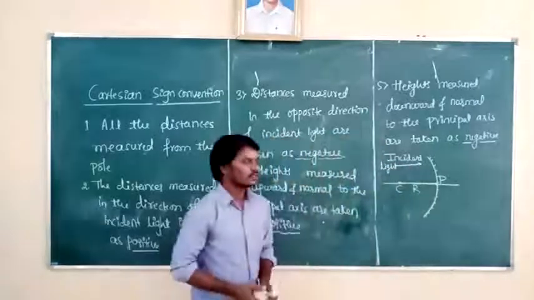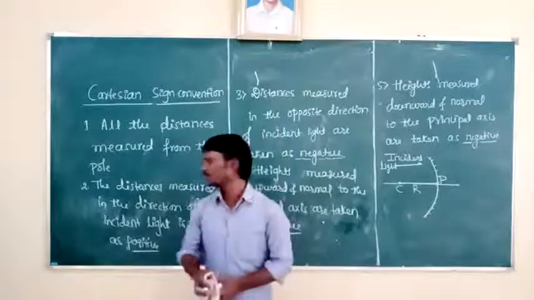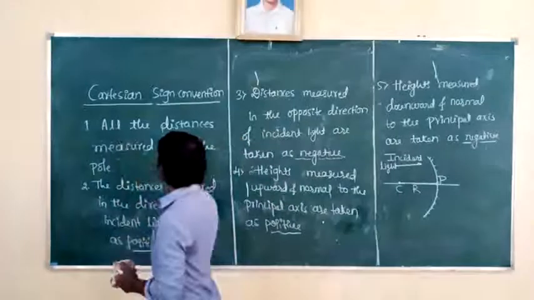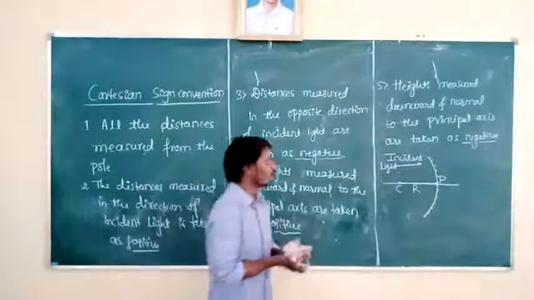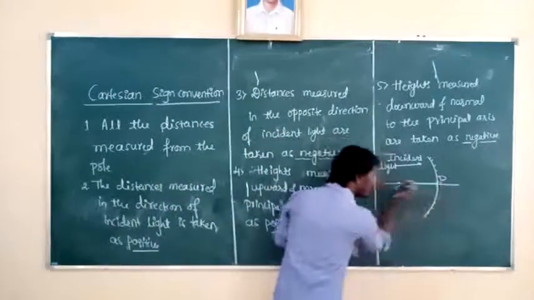Then the distances. What is the first sign convention here? All the distances are measured from the pole. From where are the distances measured here? Always from the pole.